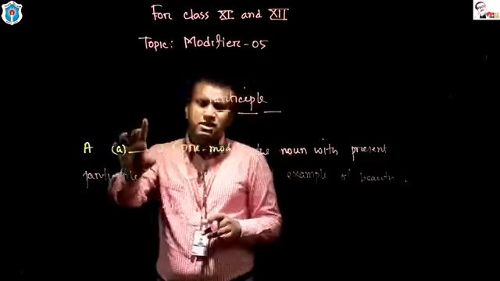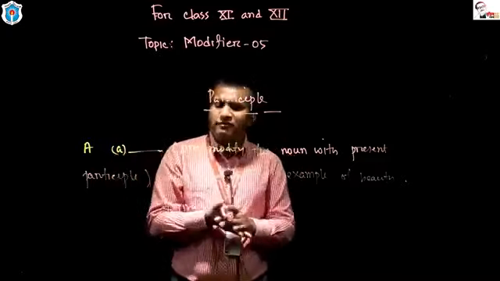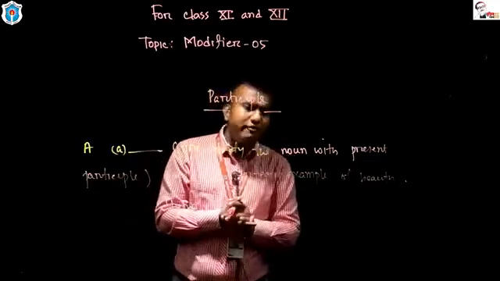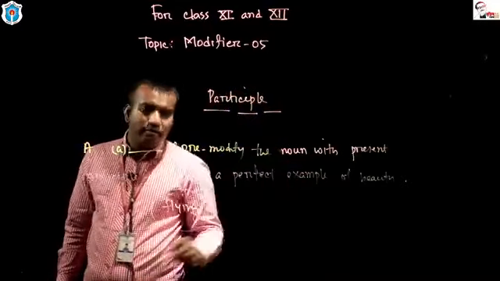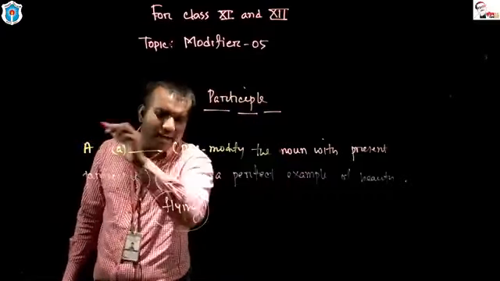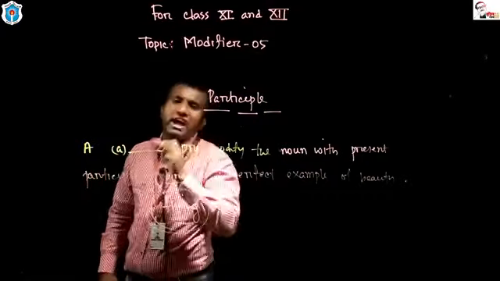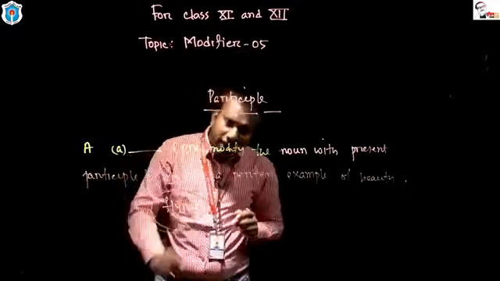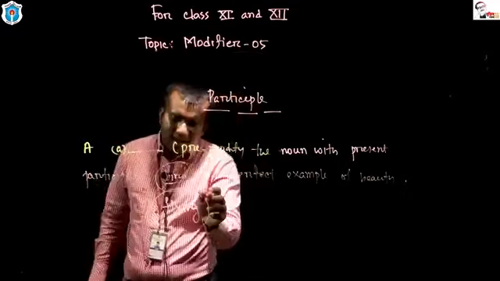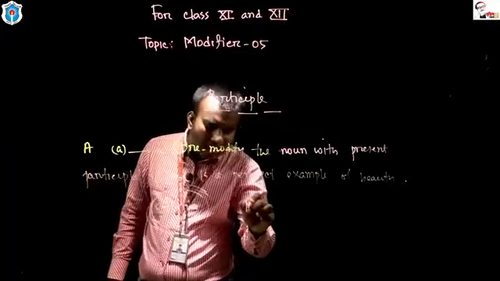Okay, my dear students, a dash bird, I can say a flying bird is a perfect example of beauty. Look at here, flying bird. Bird is being modified by the word flying, and flying is a form of verb. What form of verb? This is ing form, okay?